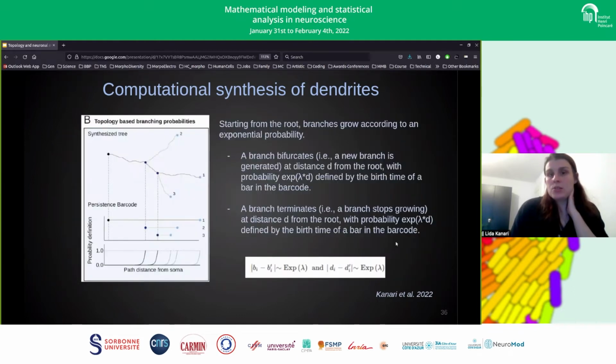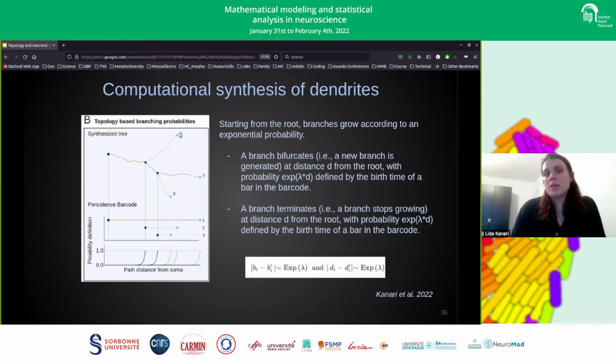So we start from the root, and as the branch grows, it has a probability to bifurcate at each distance, which depends exponentially on the start points of these bars. So as you approach the distance from the soma for each one of these bars, your probability to bifurcate increases. And then it has, very similarly, a probability to terminate.